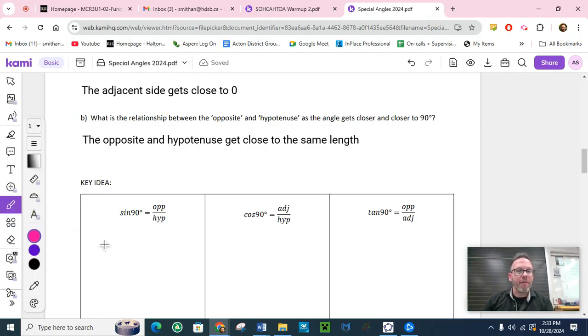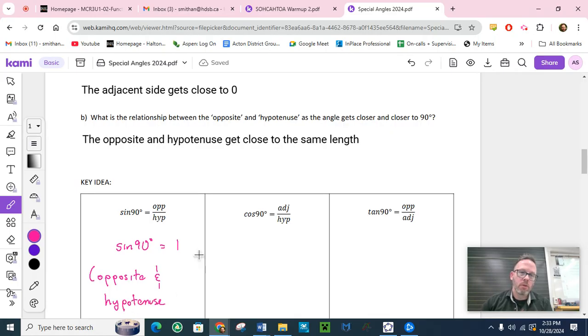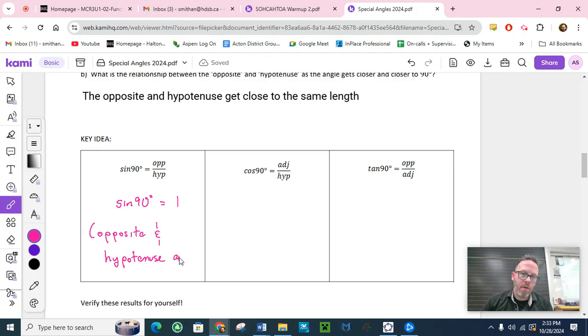This time, it's the sine of 90 degrees that equals 1. Why? It's because the opposite and hypotenuse are the same length. Opposite and hypotenuse are the same length. I'll just say are equal.